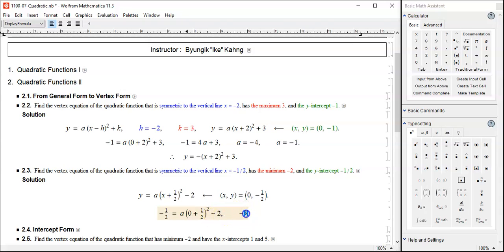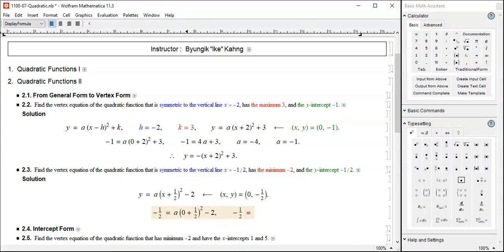Minus 1/2 equals to a times 1/4 minus 2. Let's remove all the denominators, multiply 4 to each. So I'm going to get negative 2 equals a minus 8. Is that right? Multiplying 4 to each.